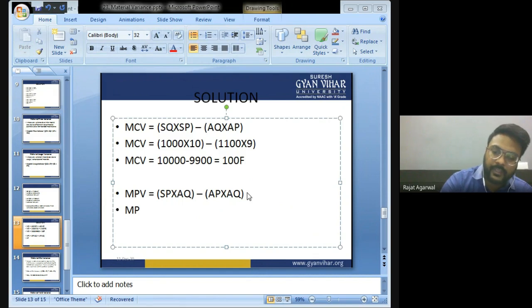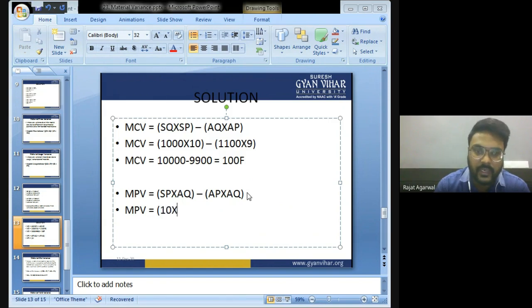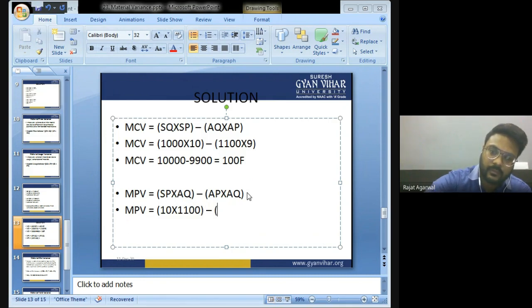Material price variance: standard price is 10 into actual quantity 1100, minus actual price 9 into actual quantity 1100.